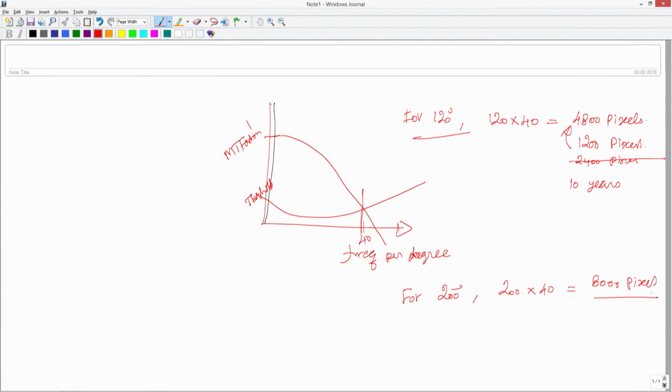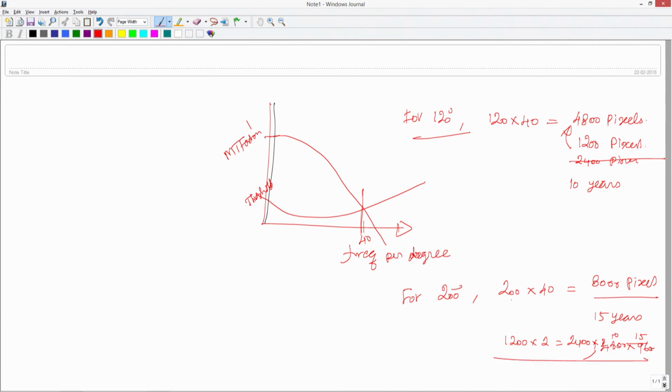To reach 8000 pixels we might need probably 15 years, again assuming Moore's law is constant and valid. We are right now at 1200, it will double in 5 years to 2400, double again to 4800 in 10 years, and double again to 9600 in about 15 years.